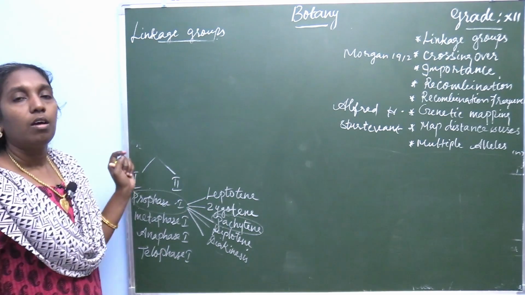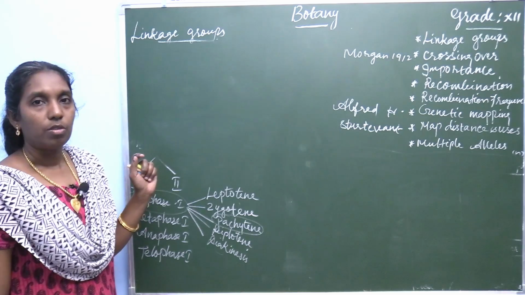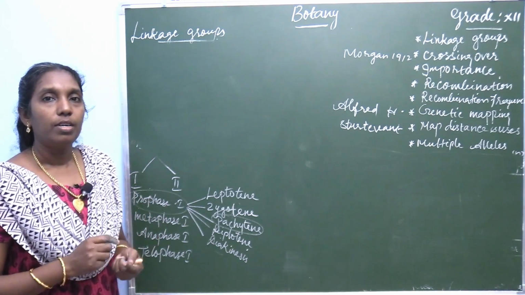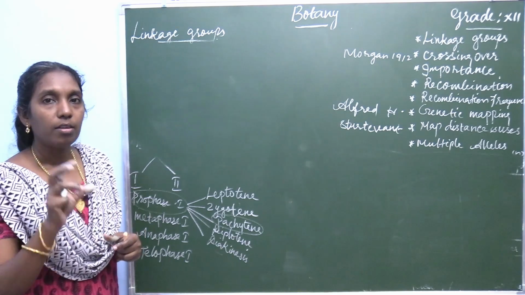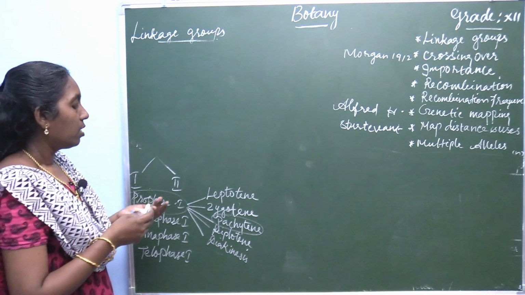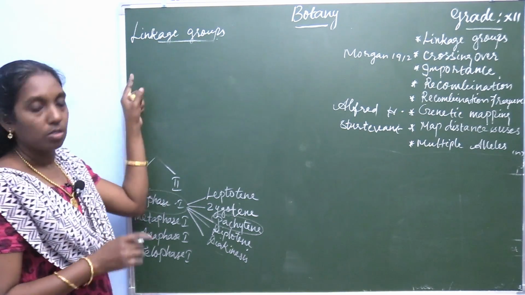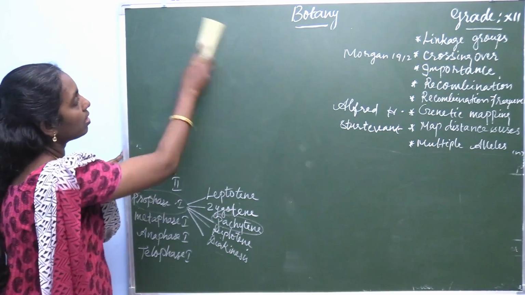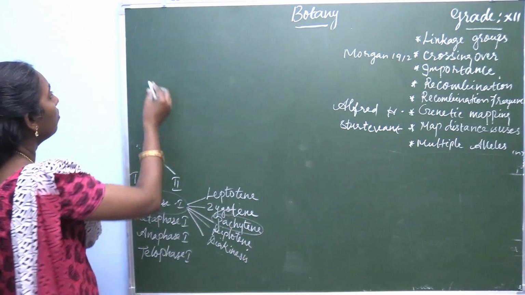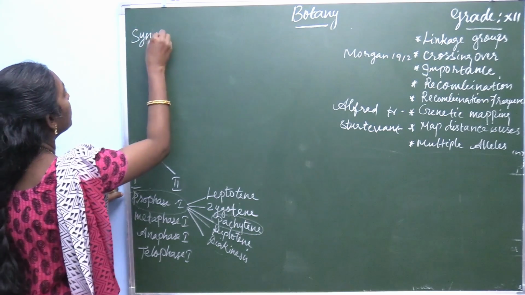The mechanism of crossing over is a precise mechanism. It comes under 4 different stages.